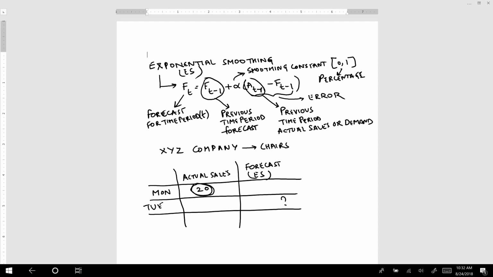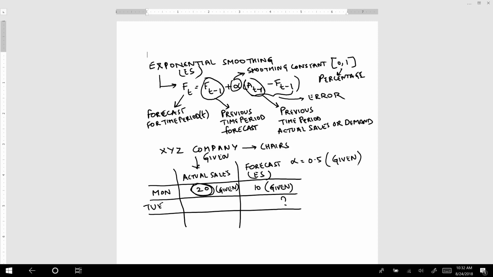Suppose the previous time period forecast is 10. This will be given. All the actual sales will always be given to you. And then we need a smoothing constant alpha. Suppose the alpha is 0.5. This is also given.